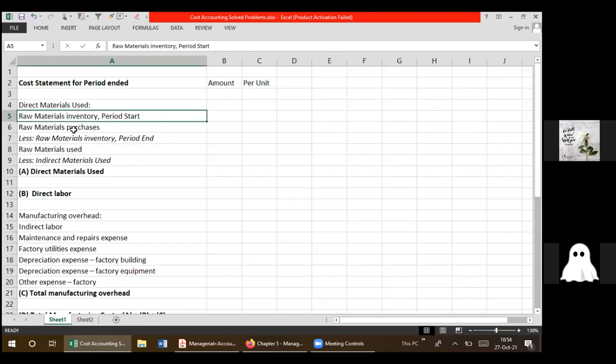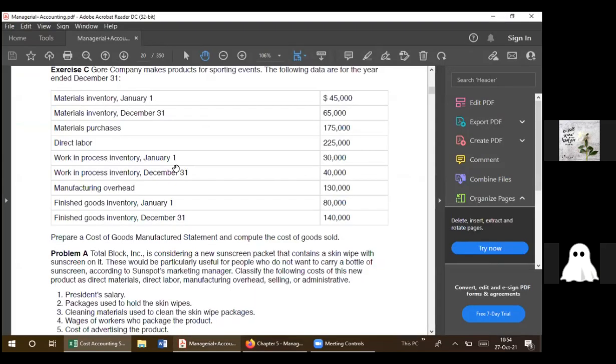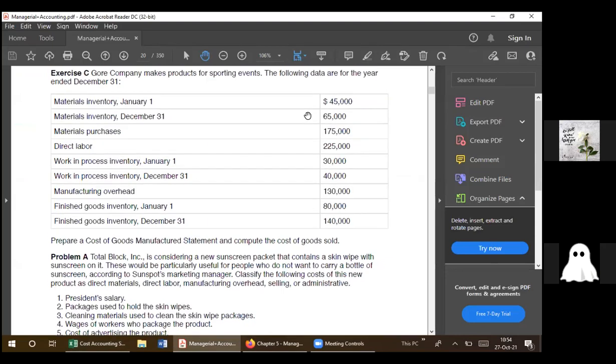Then what do we need? We need raw material purchases for the year, or how much raw material did you purchase during the year, as our next step. So we look at the question, do we have raw material purchases? We have raw material inventory on 31st December here. That will come later on.